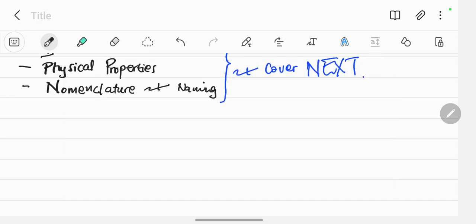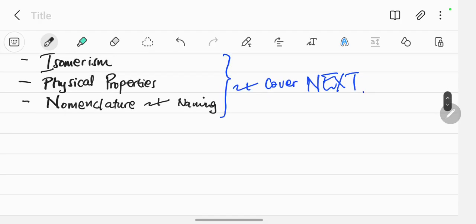But let us move on to the lab preparations. So from our alkenes, first we have to understand the general formula, CnH2n, like that.